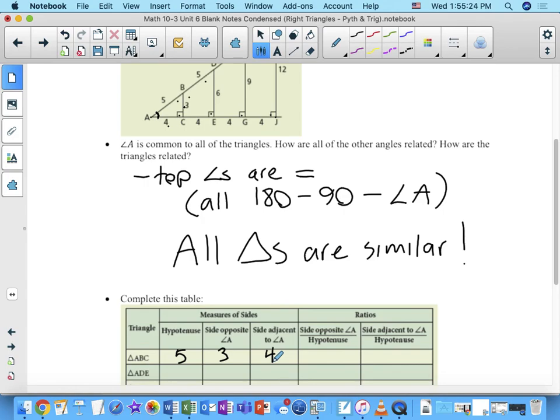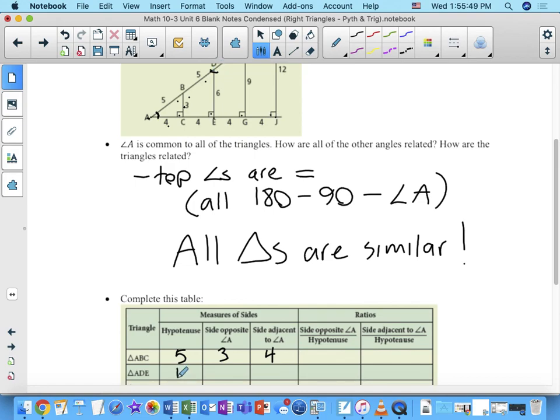Okay? If I look at triangle ADE, that's this next one, ADE. How long is the hypotenuse? From here to here, from A to D. How long is that? From A to D. Yep, 10, because it's 5 plus 5.